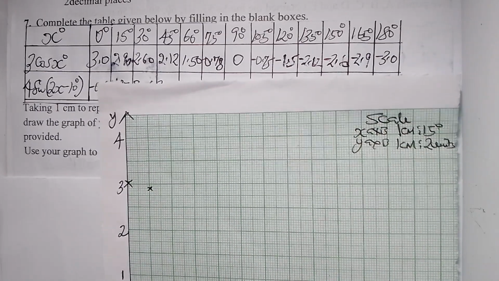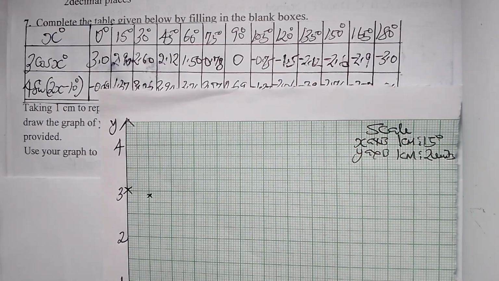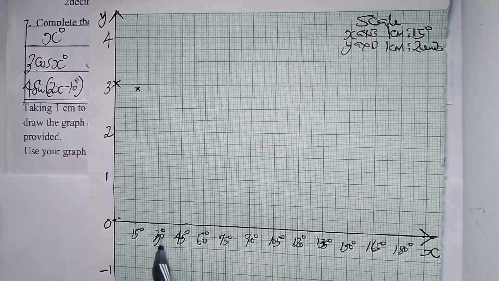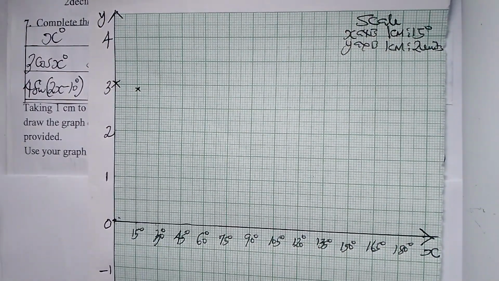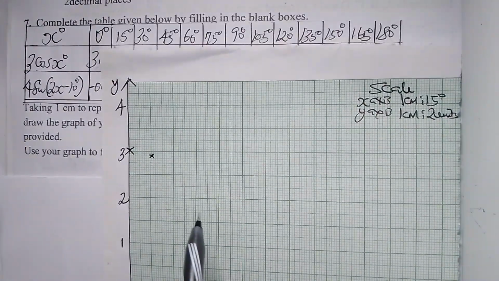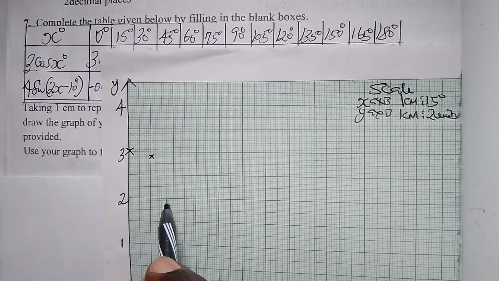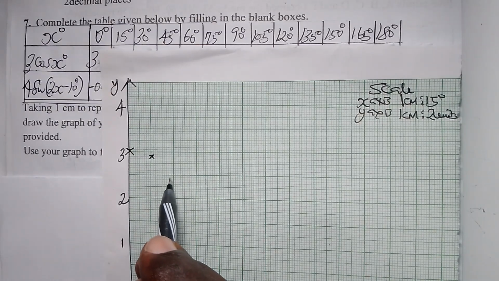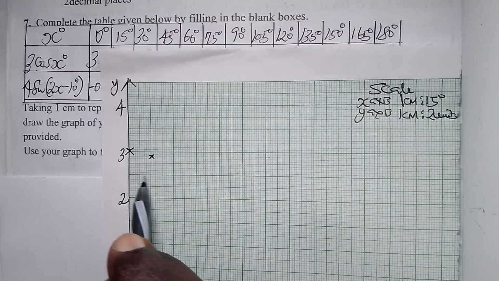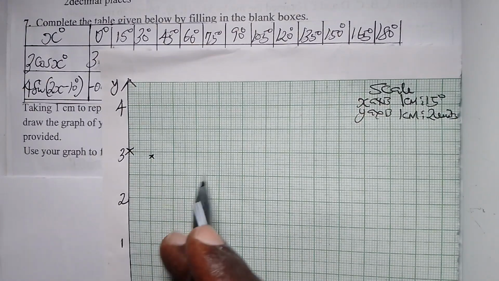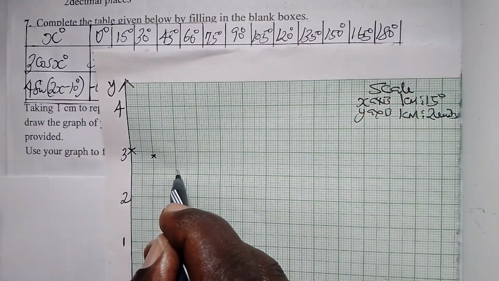When x is 30, 2.6. 2.6 will be 1 square above 2.5. This is where we have 2.5. So 1 small square here.